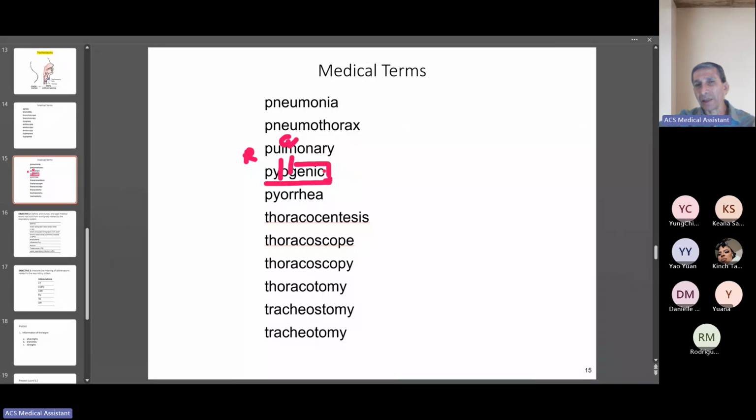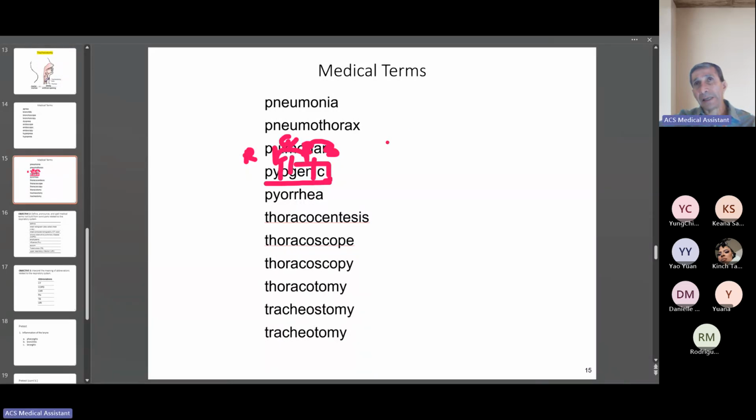I can separate them. I can put ic and gen, and I can pronounce it. This is a word root. This is the suffix. But sometimes we just use genic as the suffix by itself. We can go both ways. So this is pertaining to the generation of pus. Pertaining to the production of pus.